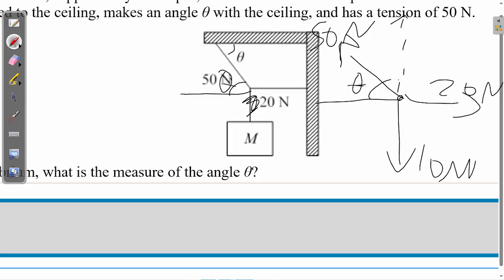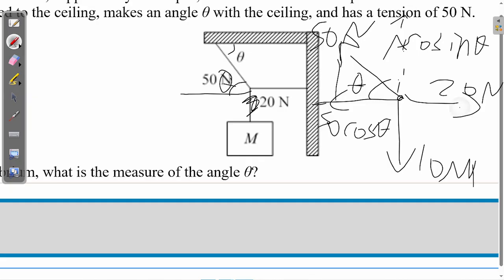Now you can project this force. It will be 50 cosine theta, and here 50 sine theta. We don't know m, so we're not going to use the vertical, we're going to use the horizontal. Since it's stationary, it's not moving, 50 cosine theta is equal to 20.